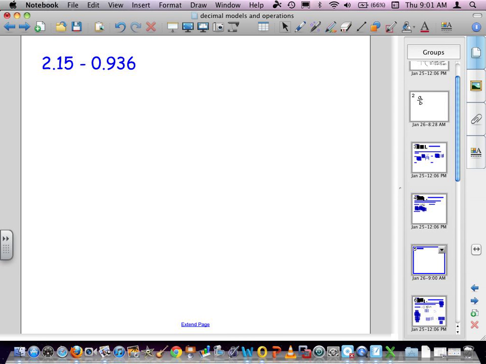Work it by place values. Okay, think about it by place values. Okay. I want to take away 9 tenths from 2.15. Can I do this mentally? You know what that would be?